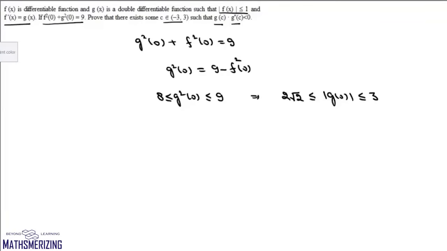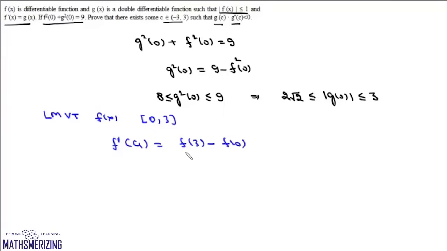Now what we'll do is, we'll apply Lagrange's mean value theorem for this function fx in the interval 0 to 3. We can write there exists some c1 such that mod of f dash c1 is equal to mod of (f3 minus f0) upon 3, where c1 lies between 0 and 3.